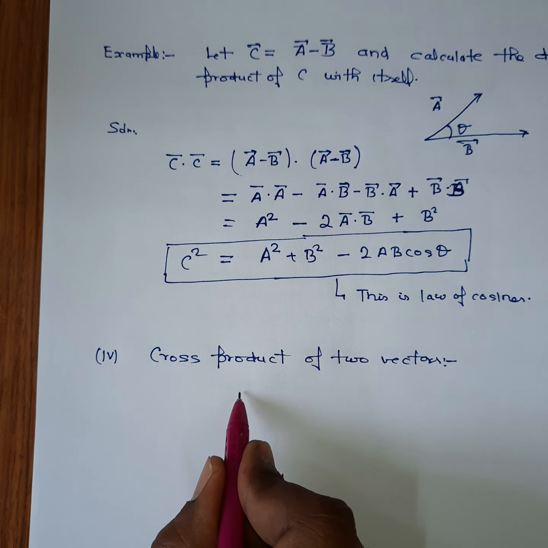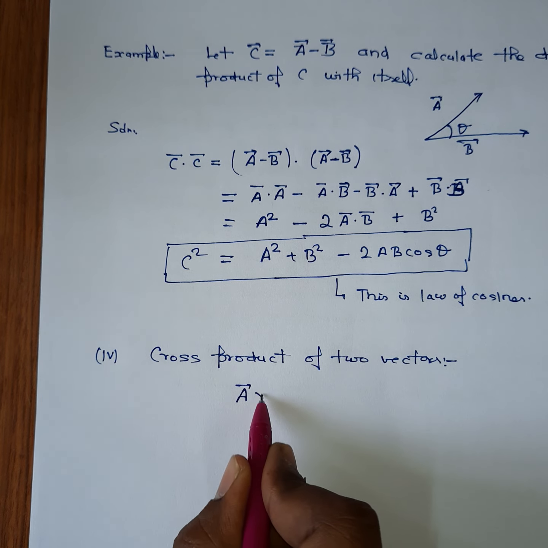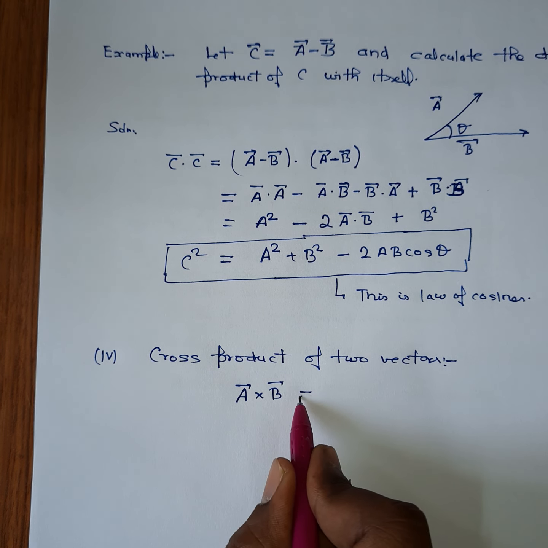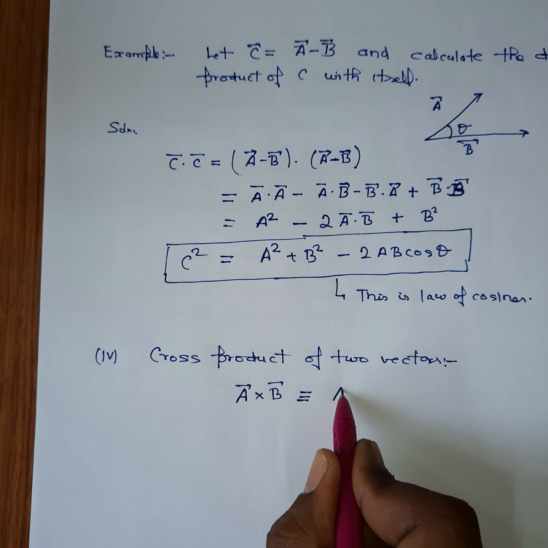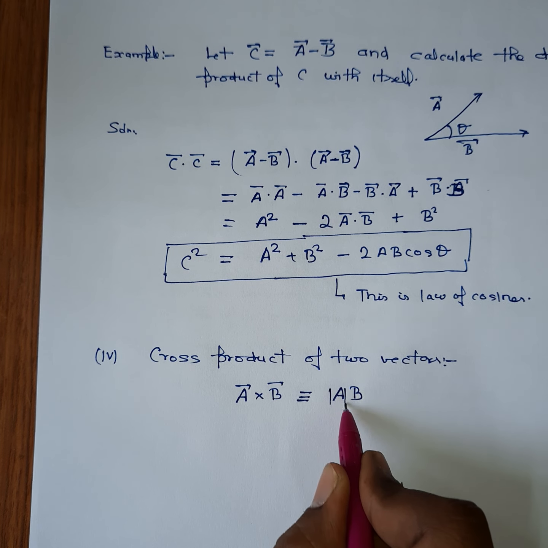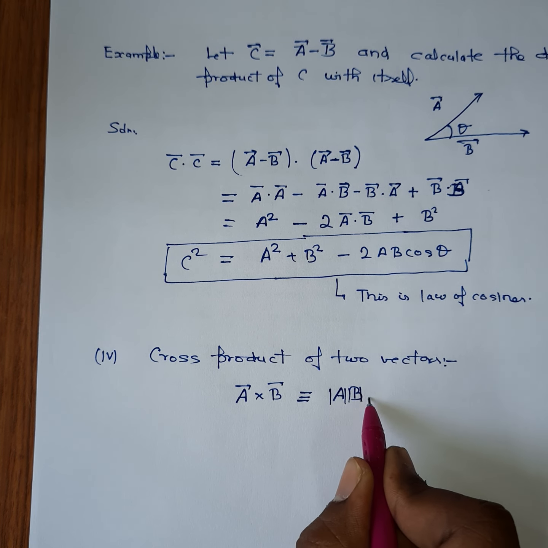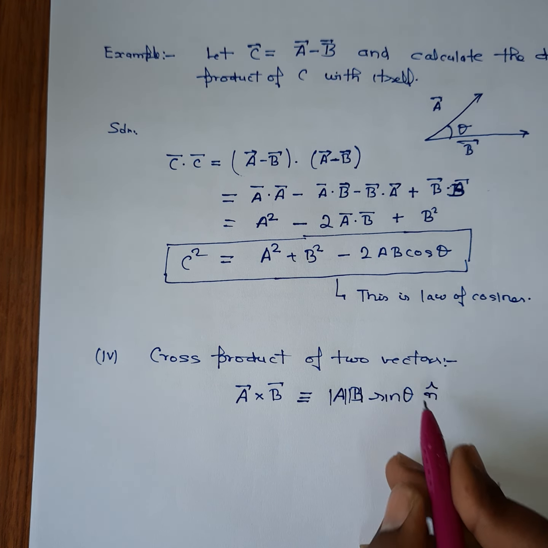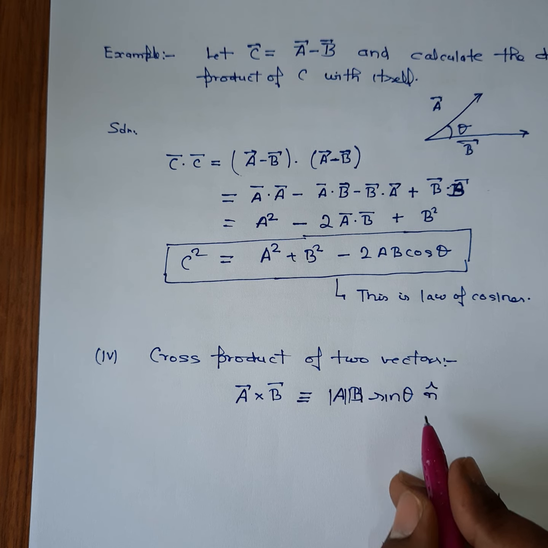The cross product of two vectors A and B is denoted like A cross B. The cross product is defined as the magnitude of A times the magnitude of B into the sine of the angle between them, and there is n cap. n cap is the unit vector.